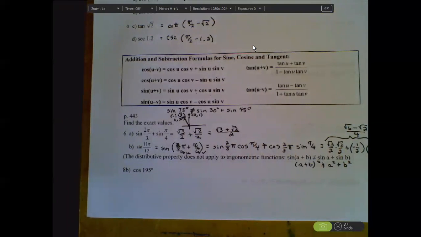Does any way occur to you, Evan, any way that we could write 195 as the sum or difference of two angles we have memorized? First, I was thinking 180 plus 15, but that doesn't help because we don't have the trigonometric functions of a 15-degree angle memorized. So it's going to have to be something else.